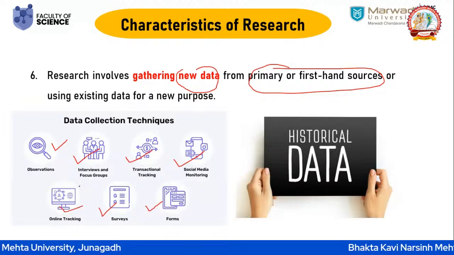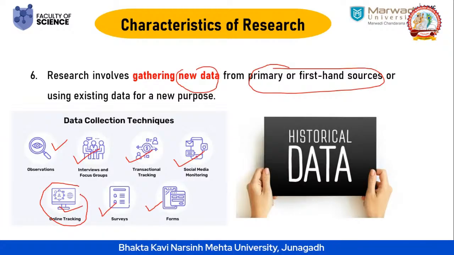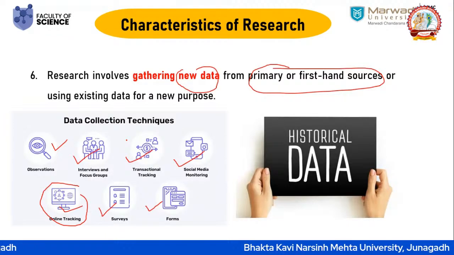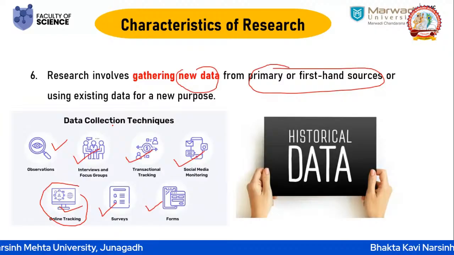Like we generally do online tracking, searching for novelty or new things in research publications or elsewhere, and from that we identify the problems that need to be highlighted or are of interest to the study. So from that we gather the data, and we propose it in our research.